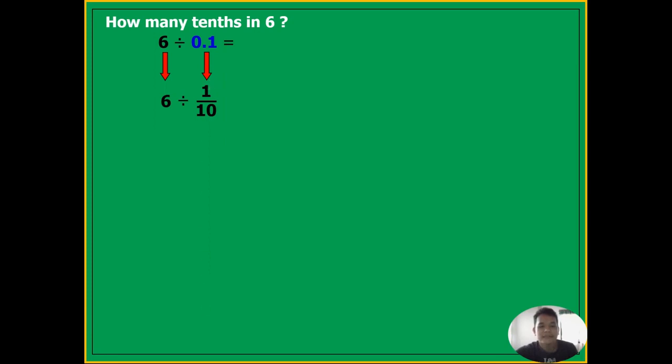And then we'll proceed to division of fractions. So this is 6 times the reciprocal of the divisor, the reciprocal of 1/10, that is equal to 10 over 1. Then proceed to multiplication. So it is simply equal to 60 because 6 times 10 equals 60. So how many tenths are there in 6? There are 60.